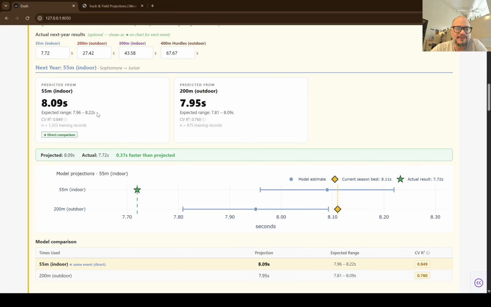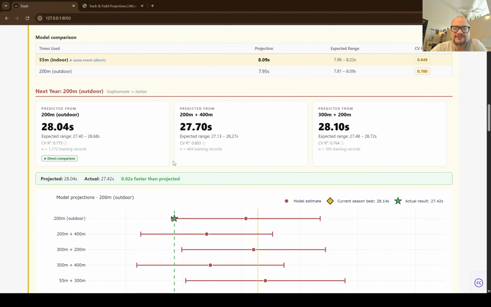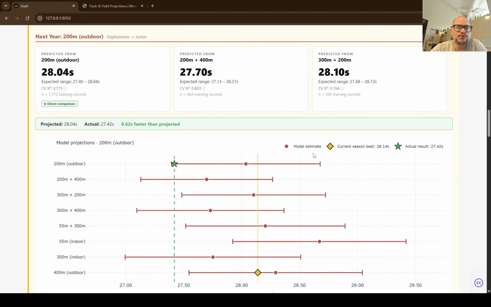So we see here that from their 8.09 projection, and this is based on their 55 meters, it was 0.37 seconds faster. Very similar in the 200, so I projected that improving their maximum velocity would help, as I mentioned, the longer sprints.